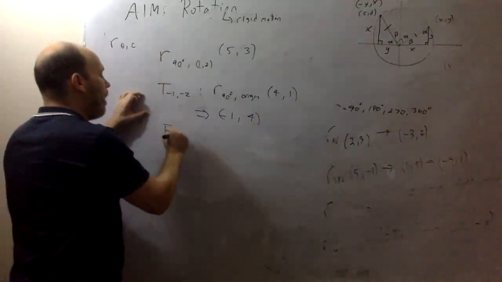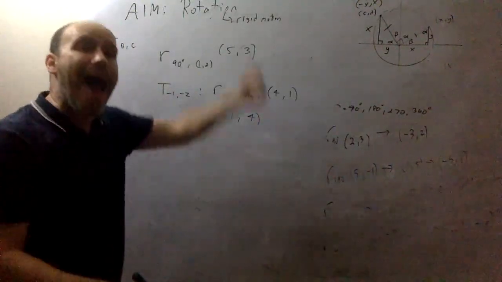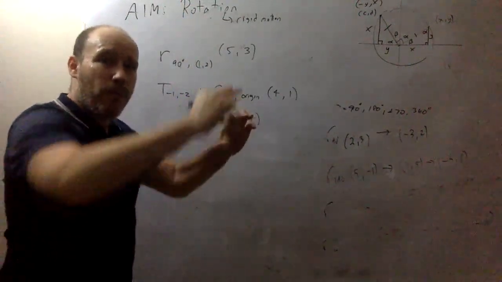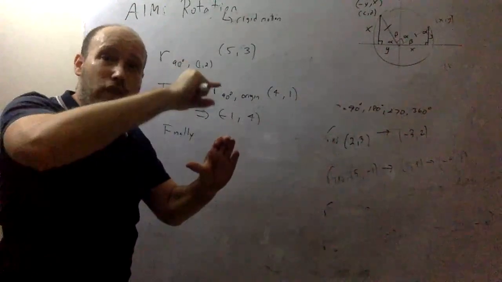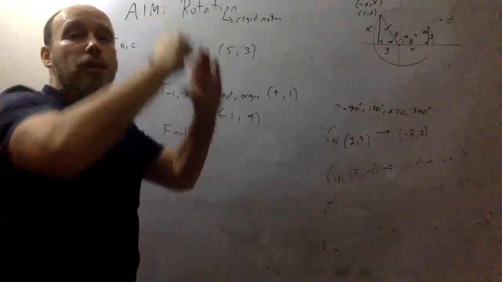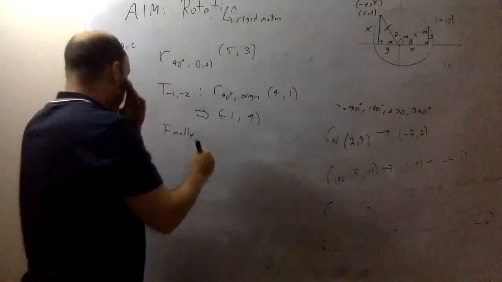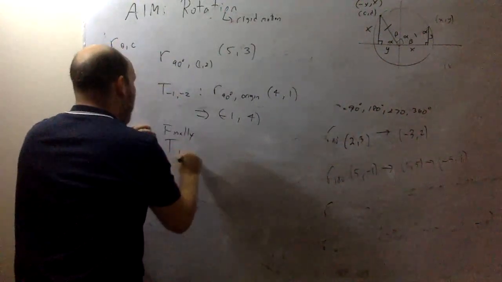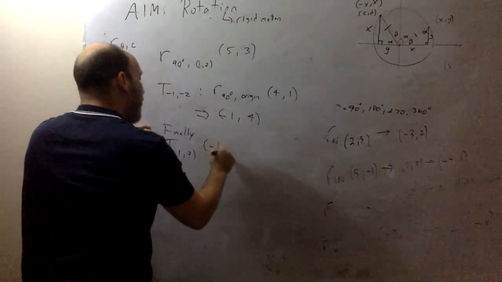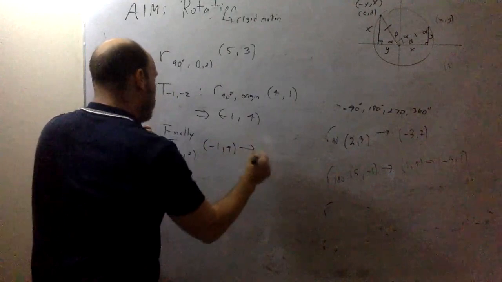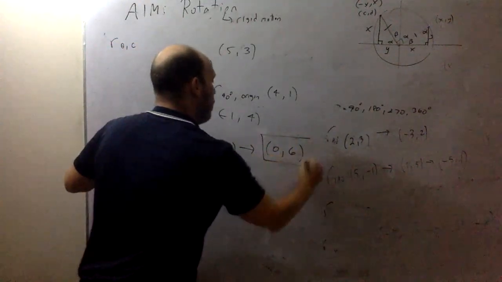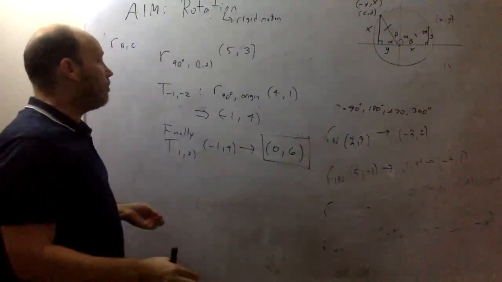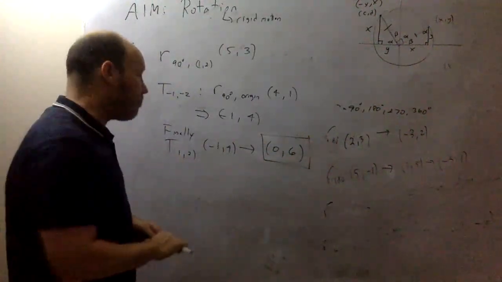Then finally, I'm going to bring it back. It's like I moved my circle down to the center, did my rotation, and now I'm going to move the whole thing over 1, up 2. Finally, a translation by (1, 2) of the point (-1, 4) results in the final answer, (0, 6). Kind of interesting.